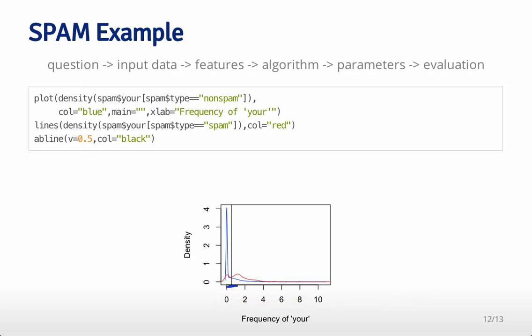So choose a cutoff here that if it's above 0.5, then we say that it's spam, and if it's below 0.5, we can say that it's ham. And so we think this might work because you can see that the large spike of blue ham messages are below that cutoff, whereas one of the big spikes of the spam messages is above that cutoff, so you might imagine that we'll catch quite a bit of spam.